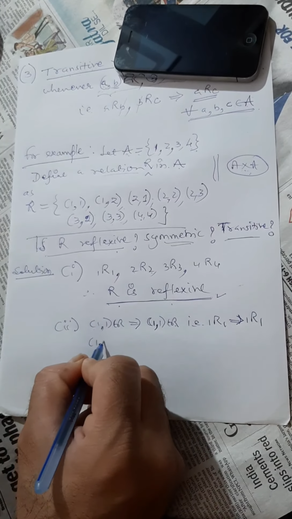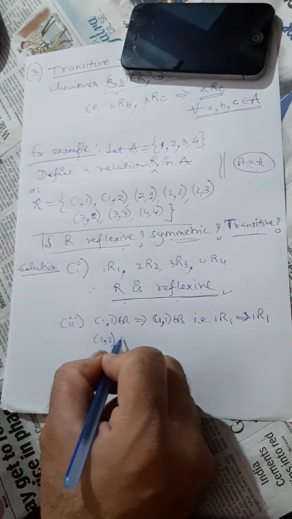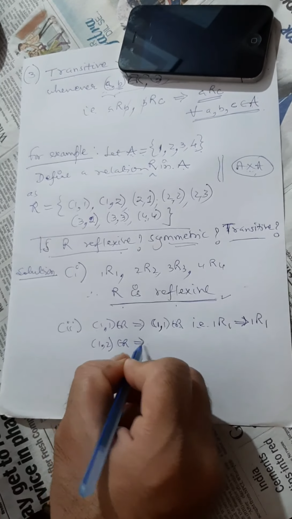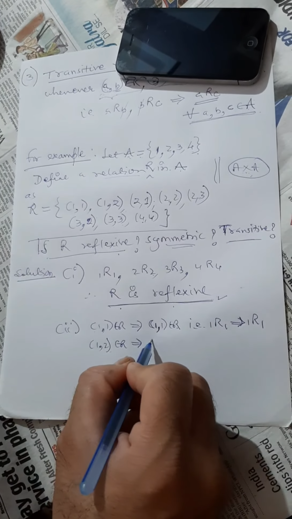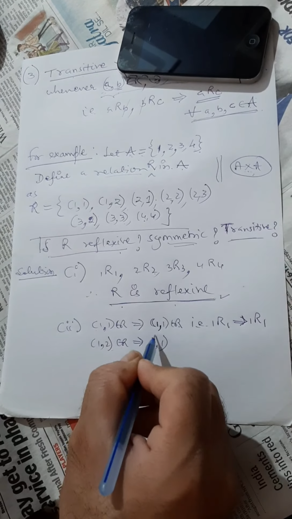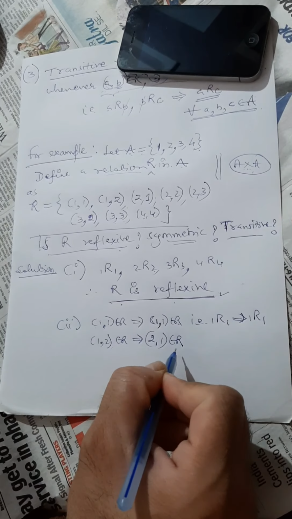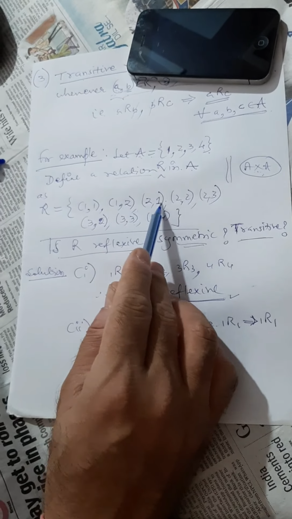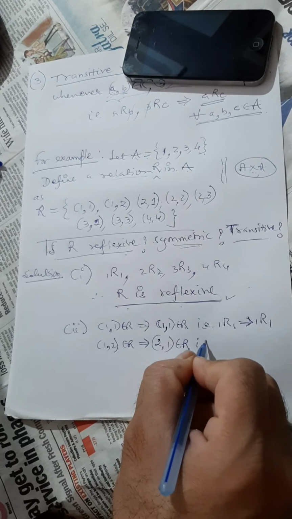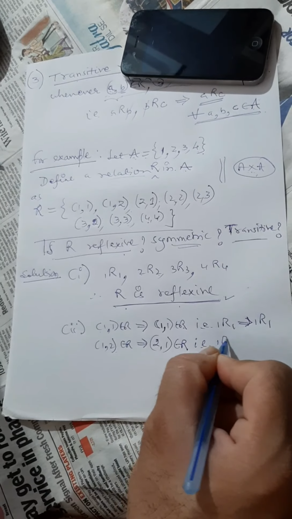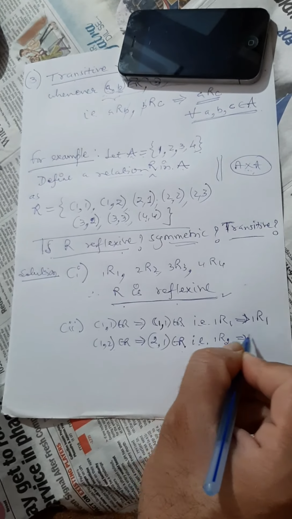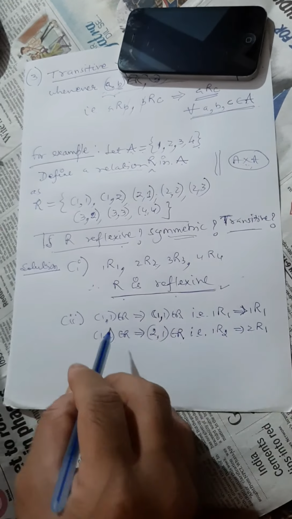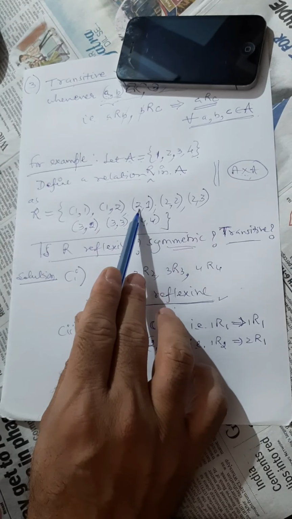Now go to the second ordered pair. 1 comma 2 is a member of the relation set R. Now reverse it. Ask yourself whether 2 comma 1 is a member of the relation set or not. It is there. I've written it in such a way that 1 comma 2 and 2 comma 1 both are present. If you want, you can write it like this also: 1 related to 2 implies 2 related to 1. Go to the next, 2 comma 1.